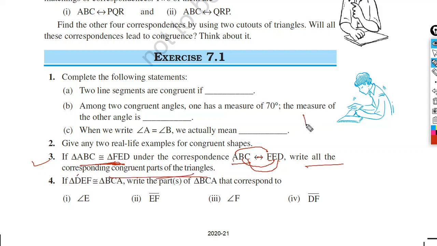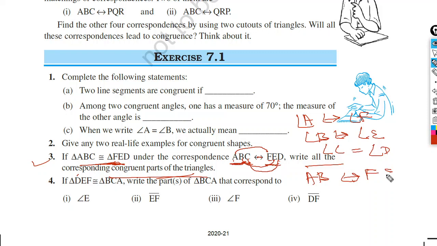You can write angle A will correspond to angle F. Angle B will correspond to angle E. Here angle C will correspond to angle D. Similarly, write AB side. AB will correspond to FE. BC will correspond to ED. And AC will correspond to FD.